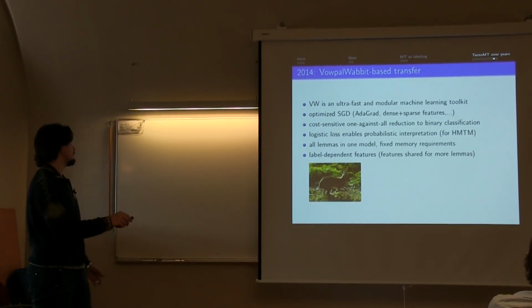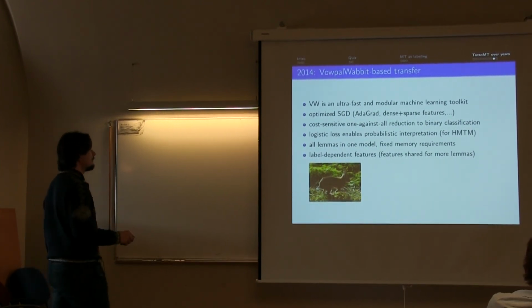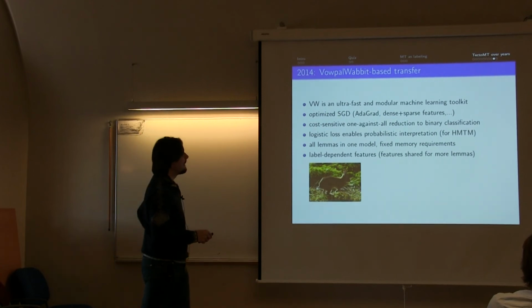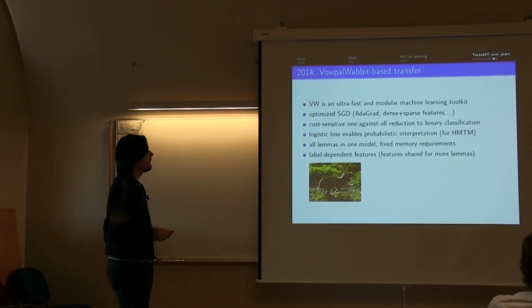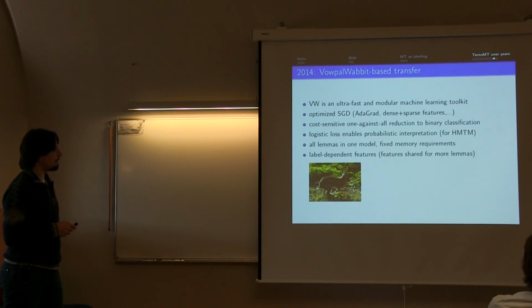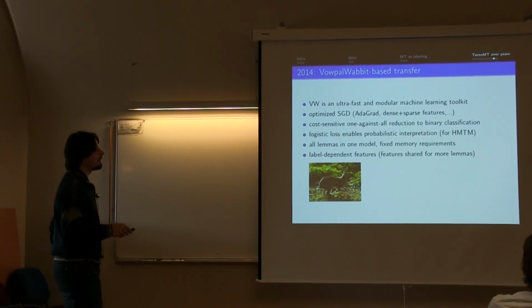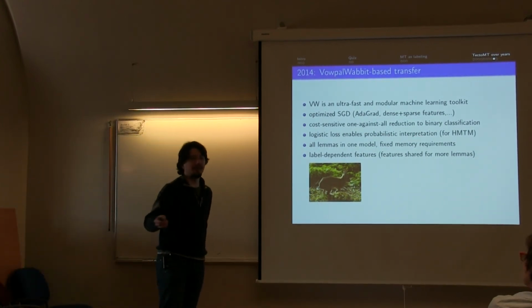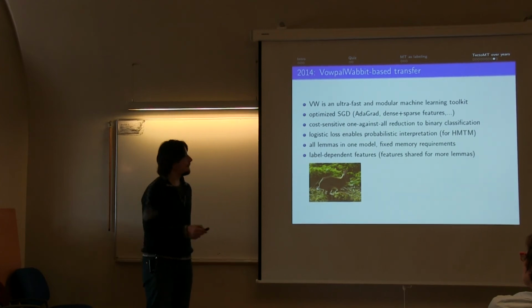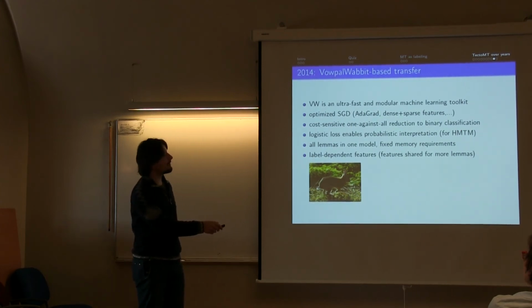And I use something which is called cost-sensitive one-against-all reduction to binary classification, so it's not really Maxent, but it's another way how to do multiclass classification. And I use logistic loss because I want to have a probabilistic interpretation. I don't really care whether it's a probability or not. I normalize it so that it sums up to 1, but I still want to use the HMTM.